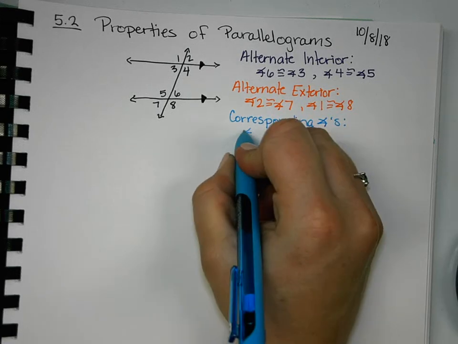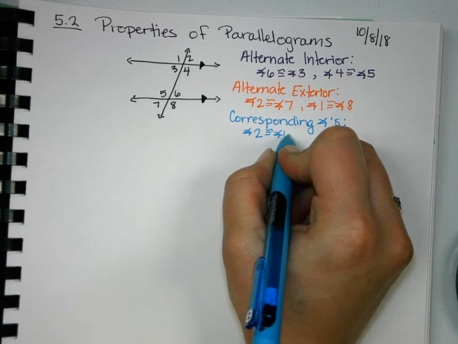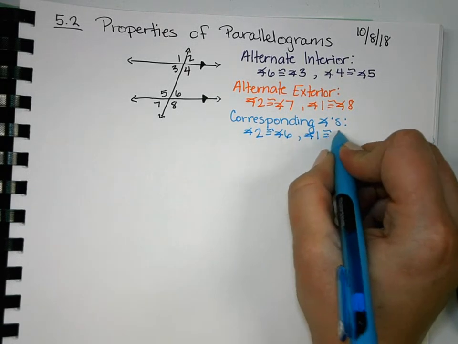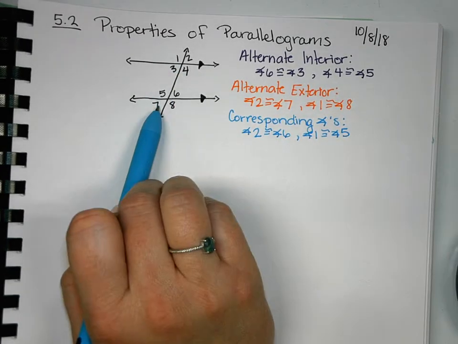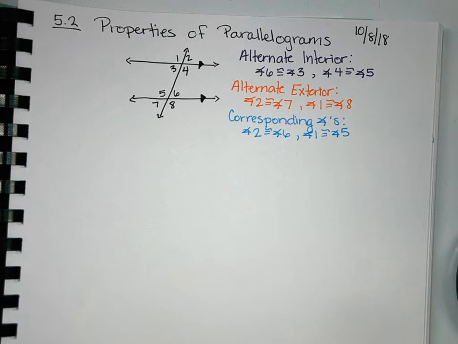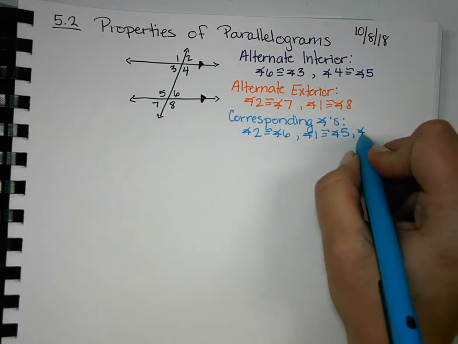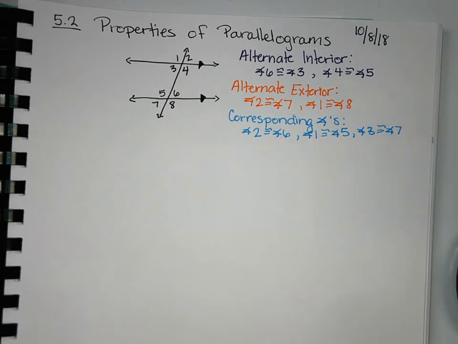And then I heard 1 and 5. 3 would go with 7. And then angle 4 and 8. Okay, so corresponding angles are also congruent.